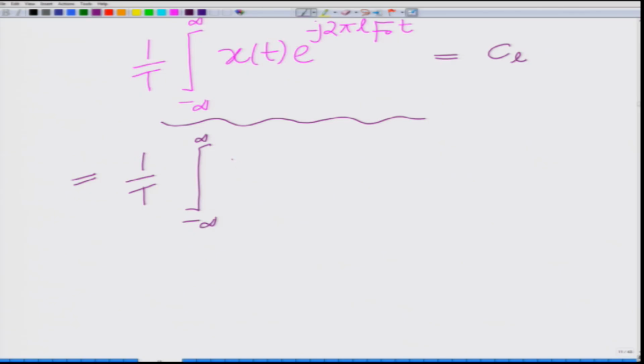For that, I am going to substitute the expansion of x of t. I am sorry, this integral is over one period.